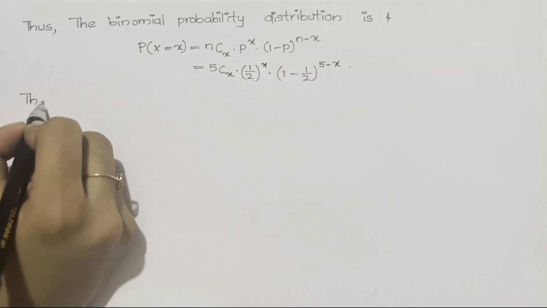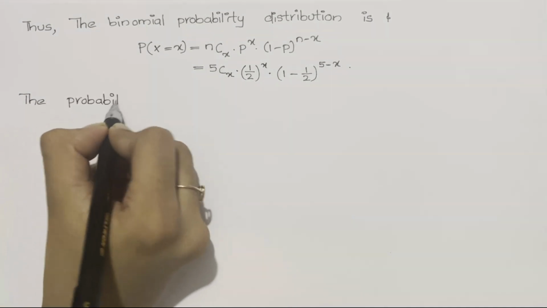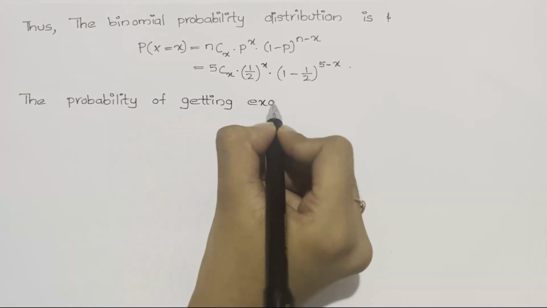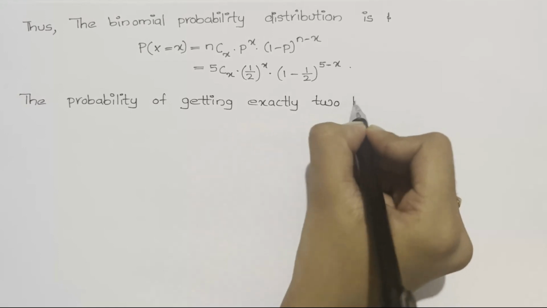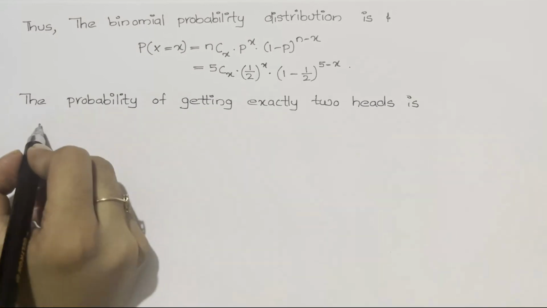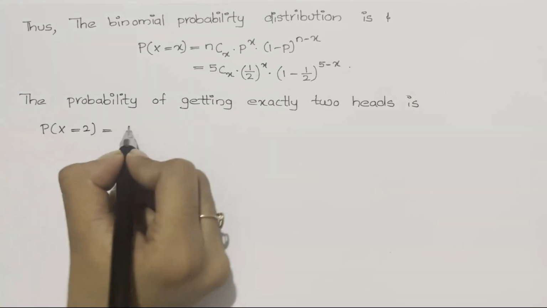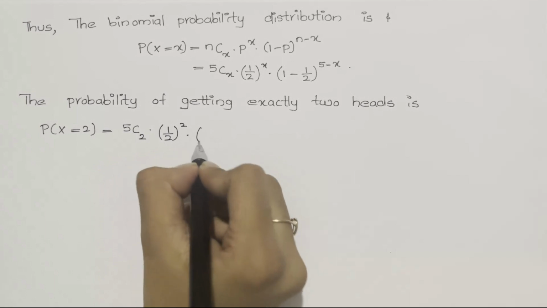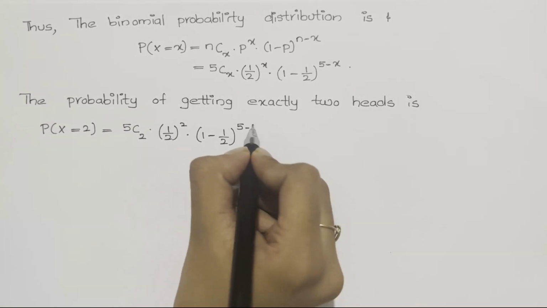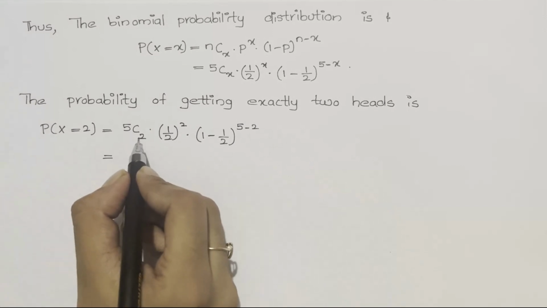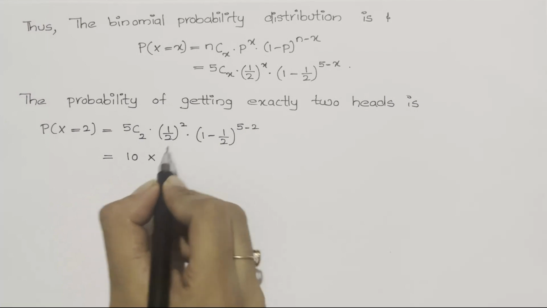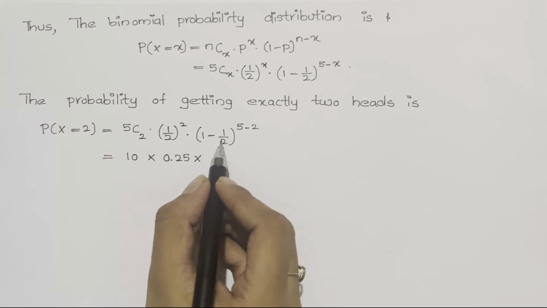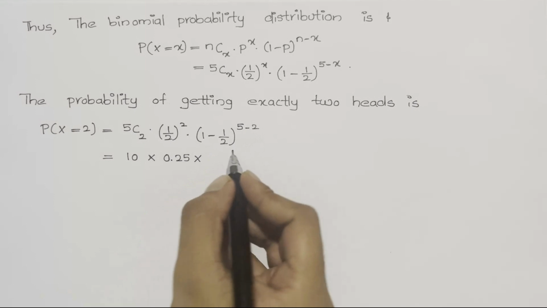Now we have to find out the probability of getting exactly 2 heads, calculated as P of X equal to 2 equal to 5C2 into (1 by 2) raised to 2 into (1 minus 1 by 2) raised to 5 minus 2, equal to 5C2 is 10 using calculator, into (1 by 2) whole square is 0.25, into (1 minus 1 by 2 is 1 by 2) raised to 5 minus 2 equal to 3.